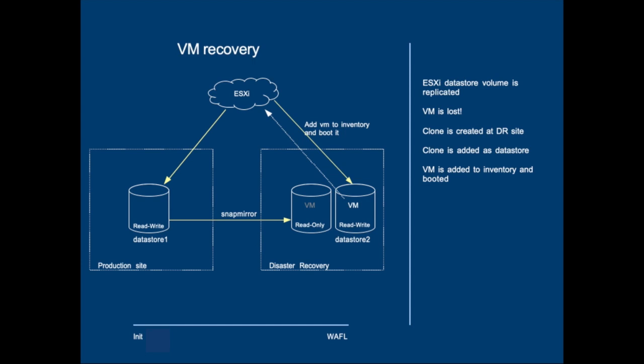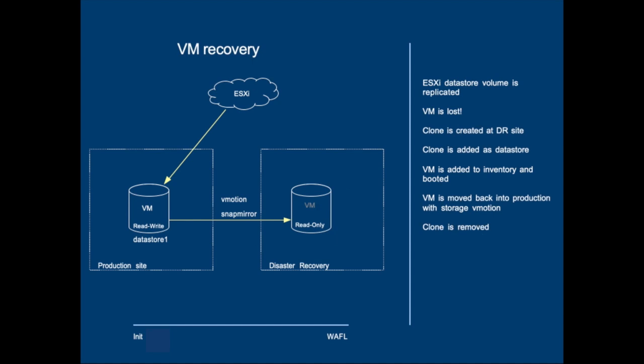So actually, the time between losing a virtual machine and accessing it again could be kept to a minimum. Then after the virtual machine was started and clients would be working again, you could use storage vMotion in VMware to move the VM back to the original data store. And then you could remove the clone.